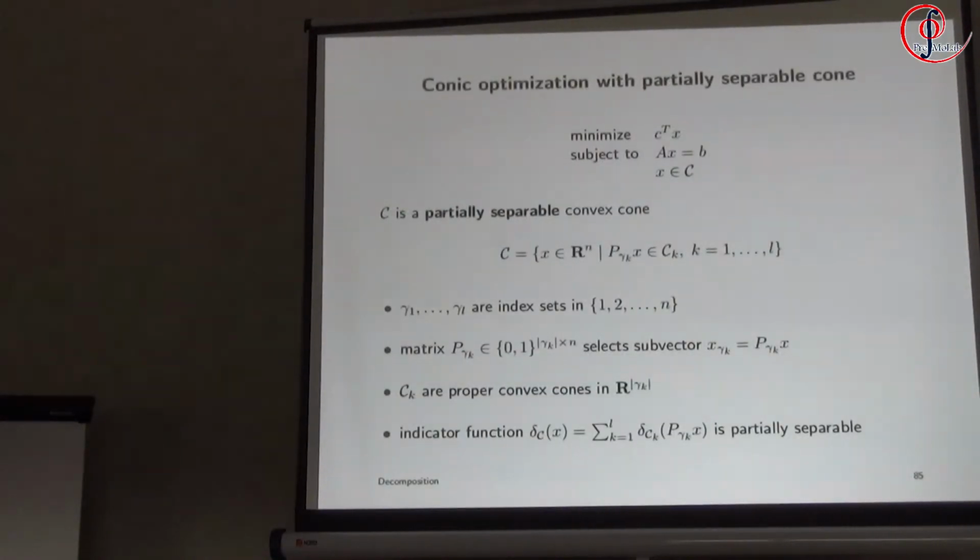For decomposition, it should be useful to exploit this structure, because we're writing a complicated cone C as an intersection of simple, lower dimensional cones CK.